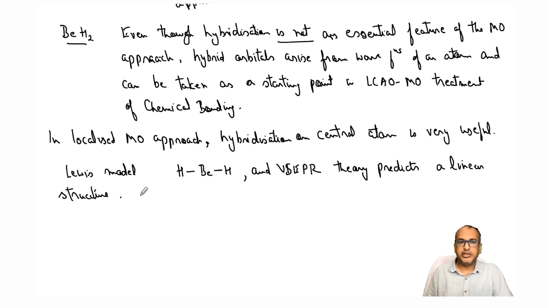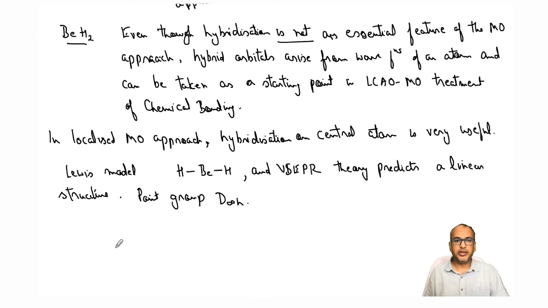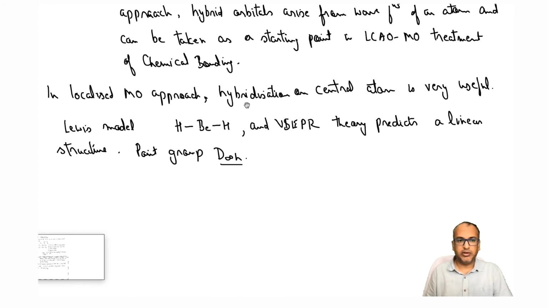So if it is a linear structure, what will be the point group? We should be aware of how to calculate point groups now. So the point group of this molecule will be D infinity h. Okay, I'm not going to go into details of how to determine the point group. We have already covered a lot of lectures on this.